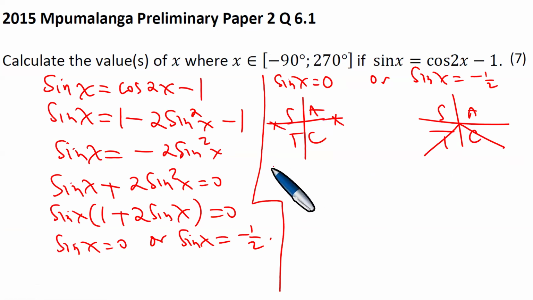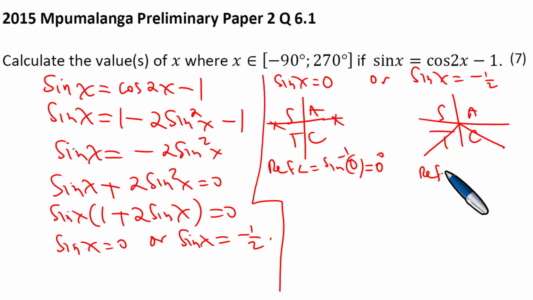So we're going to have the reference angle arcsine 0. What is arcsine 0? It's exactly 0 degrees. Now we're going to find another reference angle for this part, which is arcsine of +1/2, which becomes exactly 30 degrees.